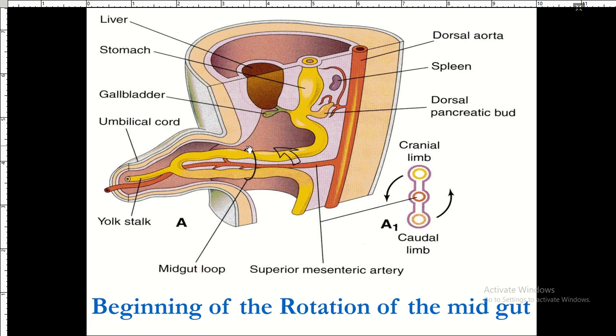During retraction, you're going to have the cranial limb retracting first, going to the left, and then the caudal limb retracting last. That will have what is called a cecal bud, which will sit on the right, below the right lobe of the liver.